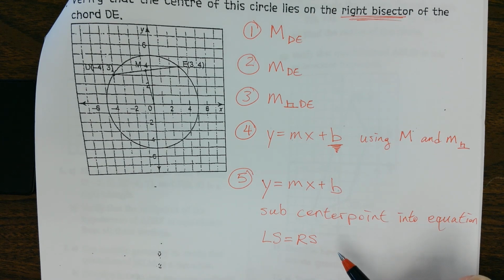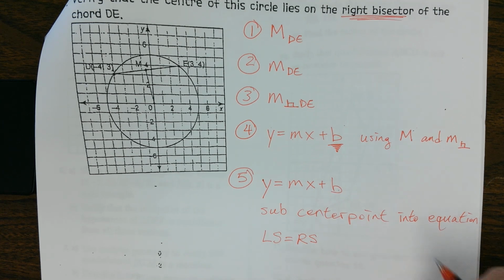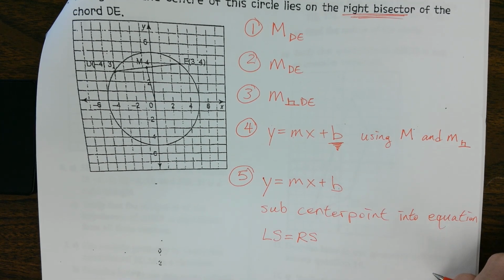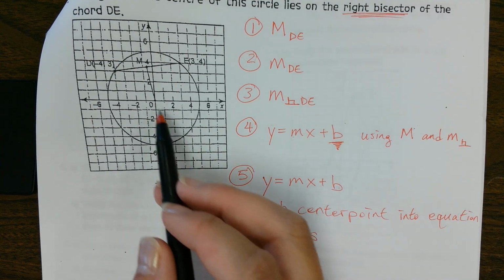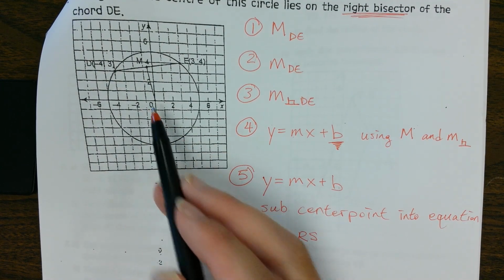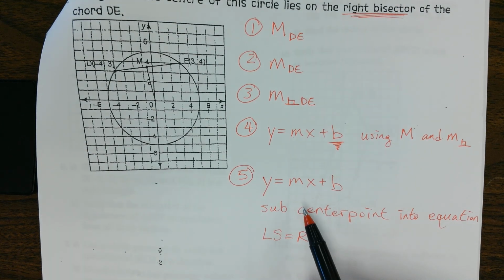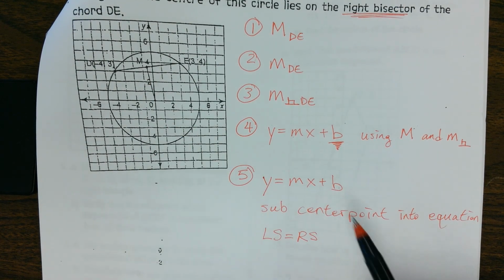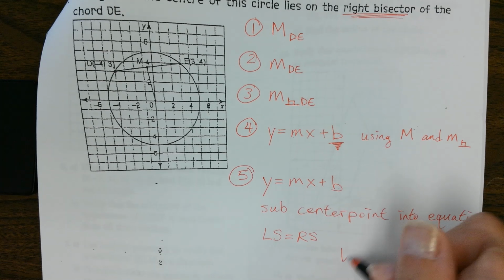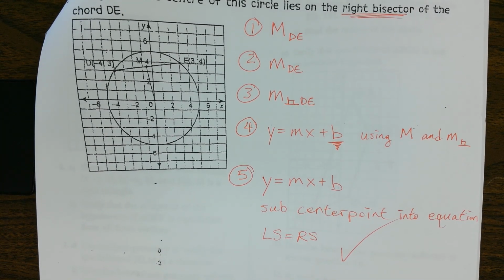So let's say this is a true or false question. Yeah. Like you mean if it's a chord? Yeah, like this is a chord, this is the right bisector. I have to substitute the center point into the right bisector equation. Definitely true. We proved it. We proved it together when we took up the test.